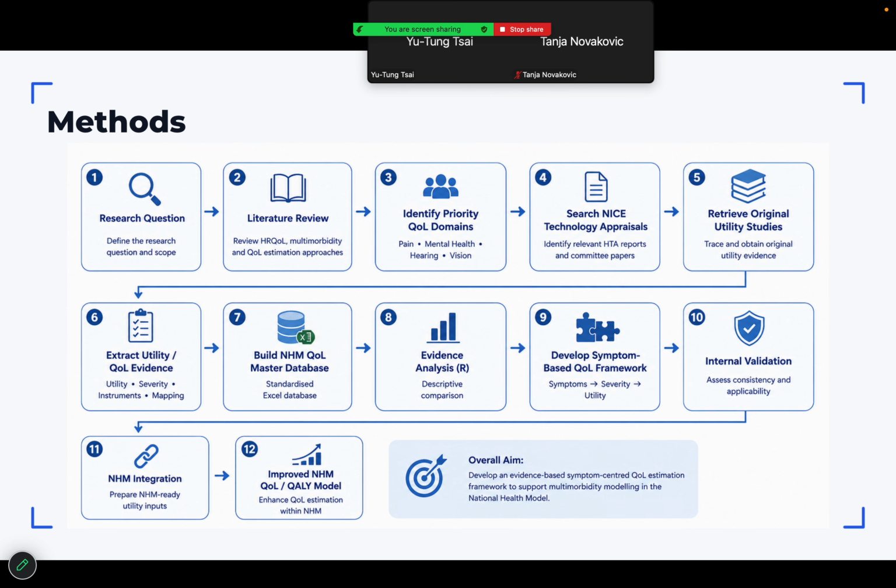If not, I will just focus on the utility differences between having treatment or not, or different severity for different conditions. I will summarize all the utility values out of it, whether it's a gain or a loss. I will list it in this Excel file.